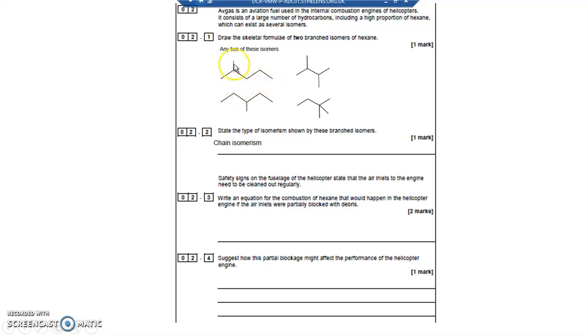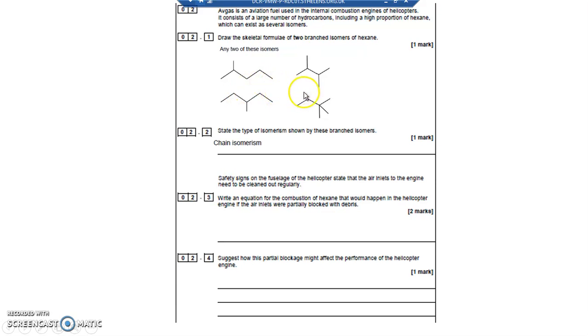Well, you could say here, I've changed the position of this to this one. So these two are positional isomers of each other, but the question is asking how these isomers are related to hexane. Hexane's got 6 in a line, here's got 5 in a line or 4 in a line, so the branch means that there's fewer carbons in a line, so they're chain isomers. Although 2-methyl pentane and 3-methyl pentane are actually positional isomers of each other, where the position of the methyl group is changed.